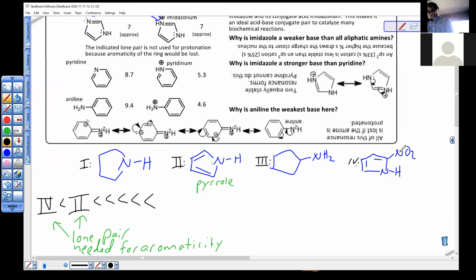That's even worse. Now I got cation repulsions in the conjugate acid. Sorry, we're going a little fast here.